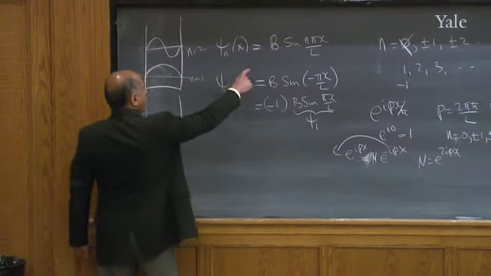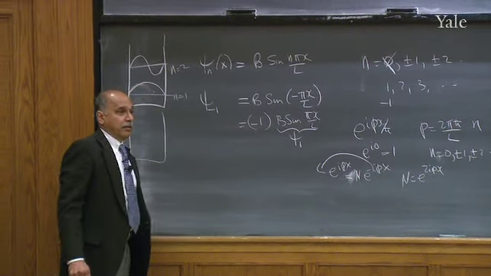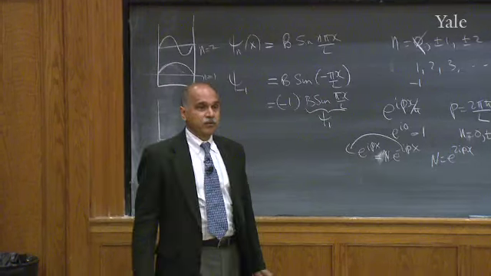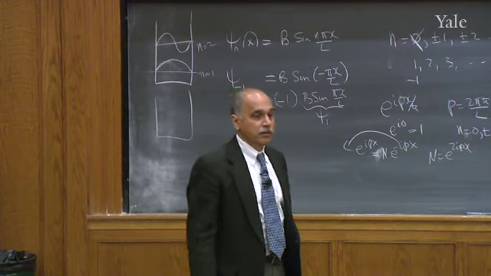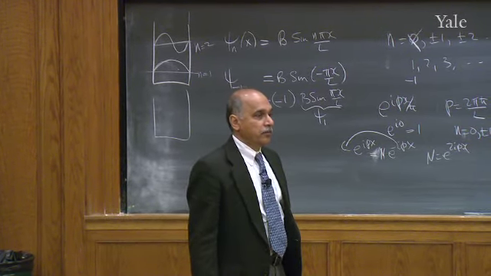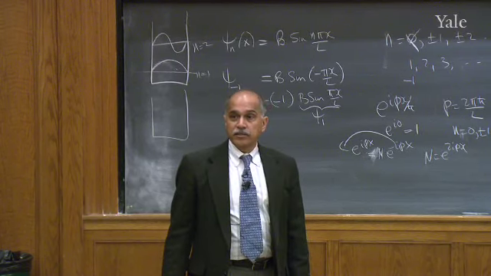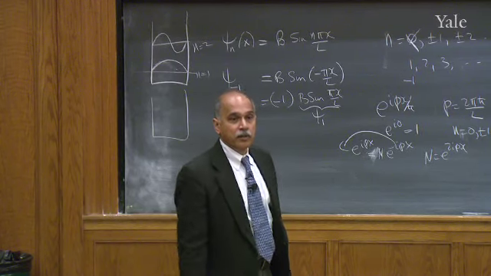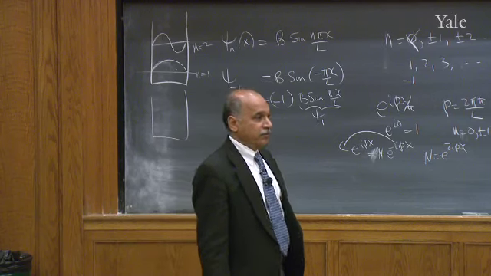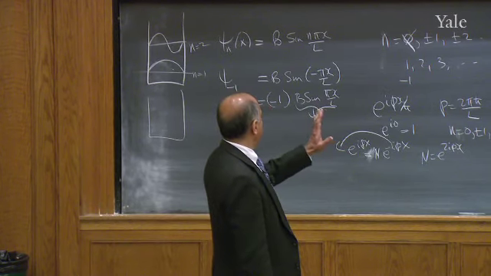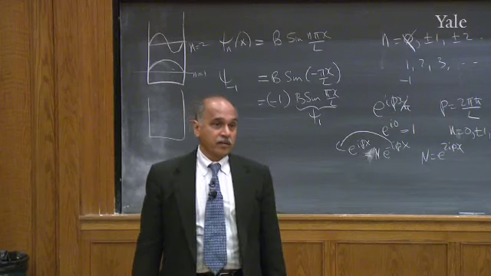Okay, so what about B? What shall I do with B? What equation is going to determine B? Any idea? We want psi to be normalized, right? Right. So first of all, the equation will never tell you what B is. That's what I want you to understand.